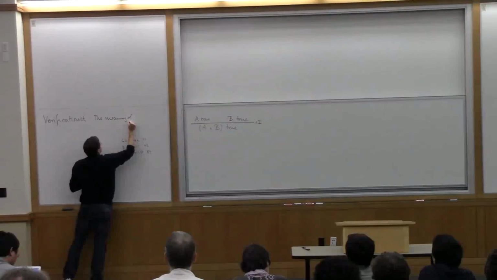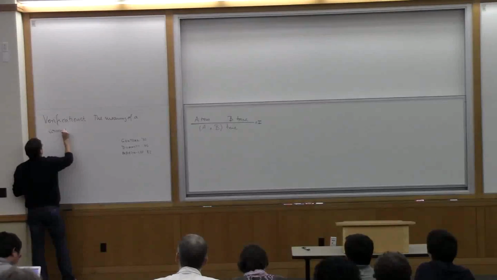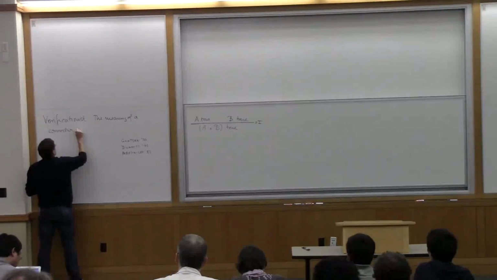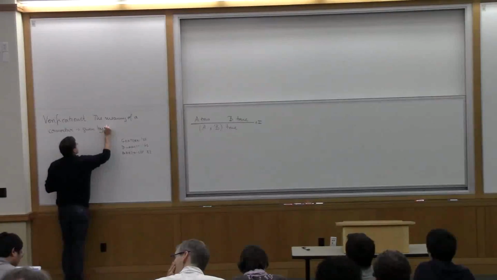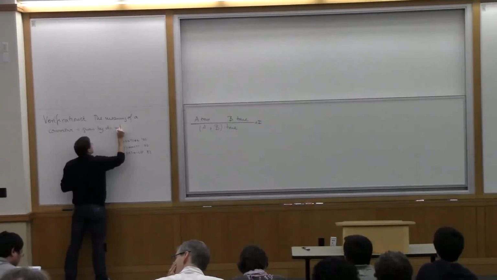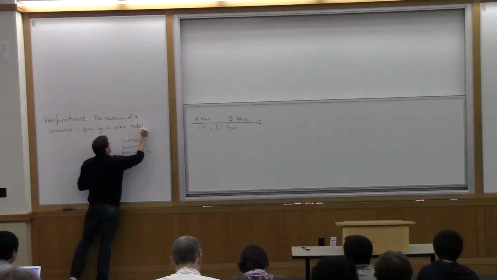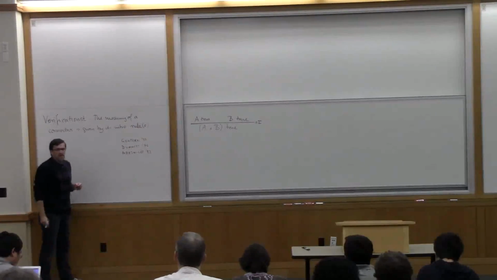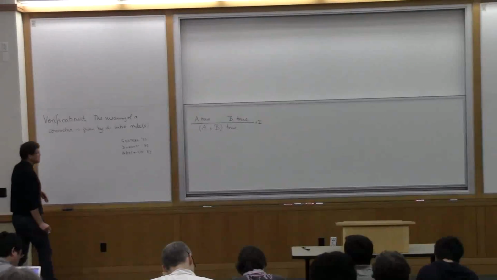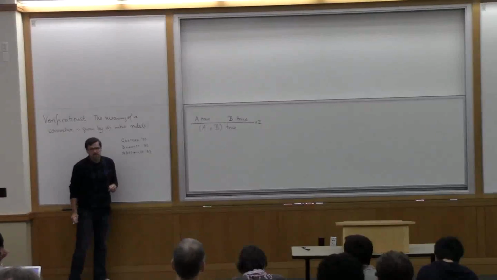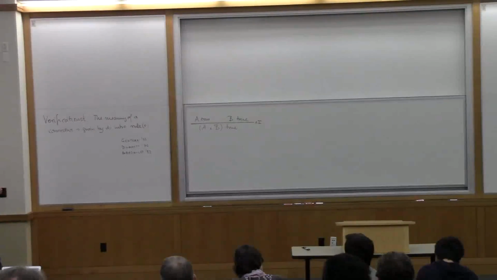The meaning of a connective is given by its introduction rule, and in general there might be more than one, so we might have to say rules. Okay. Because I'm essentially telling you when it's true by when you can infer that it's true. So that's actually the first step.